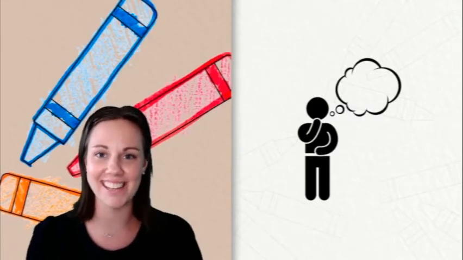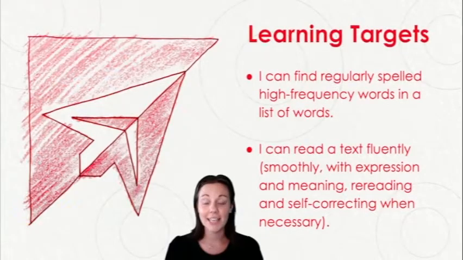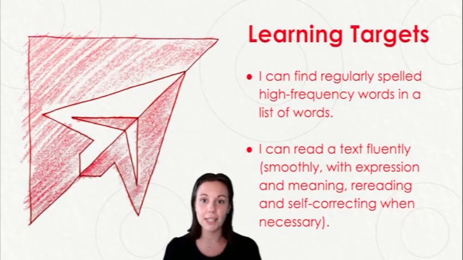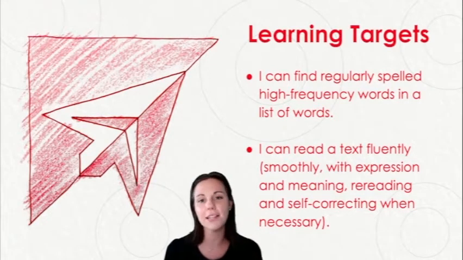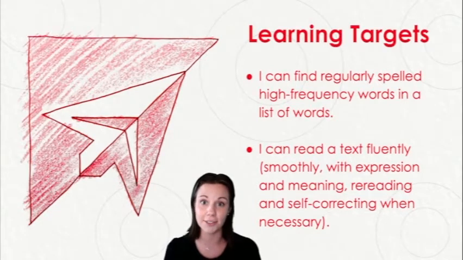Let's get ready. Here are our learning targets. The first one says, I can find regularly spelled high-frequency words in a list of words. That's going to be all the words we see around us all the time. And they'll be able to be decoded pretty easily because they're following our regular spelling patterns.